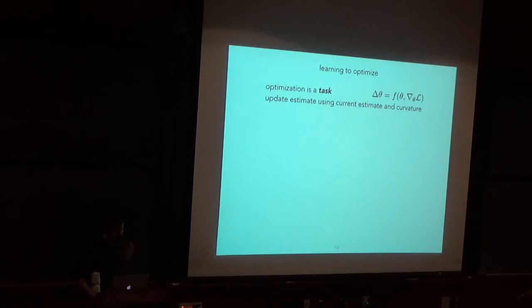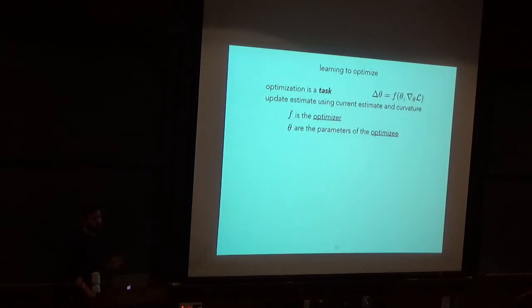Another cool idea out there is this idea of learning to optimize. If we treat optimization itself as a task, we can think about having the change in a parameter be a function of the parameter and the gradient. Now we have this function here, which typically in stochastic gradient descent is just a linear function of our current estimate and our gradient. But we might be able to actually learn a better function.